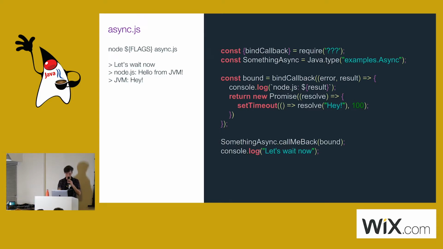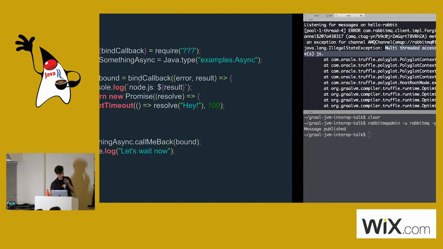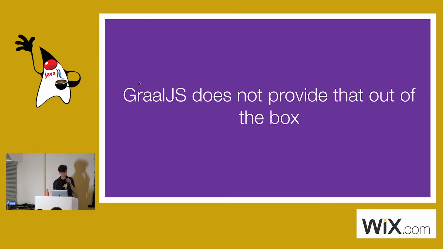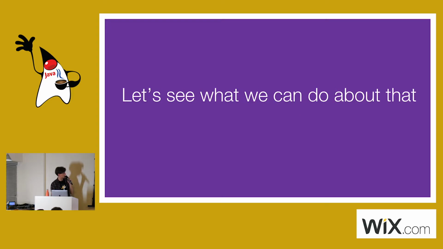So what we expect to see is let's wait now, then this console log, and once we resolve this promise 100 milliseconds later, we would expect the JVM to also log hey, because that's what came back there. So unfortunately, GraalJS does not provide anything like that out of the box. But let's see, maybe we can do something about that.